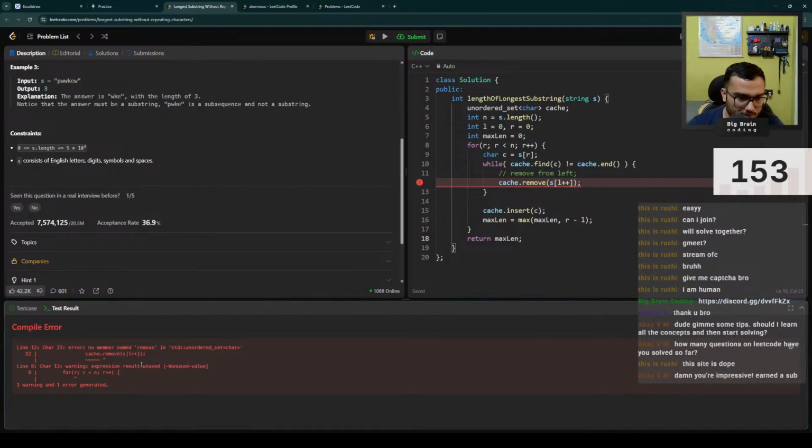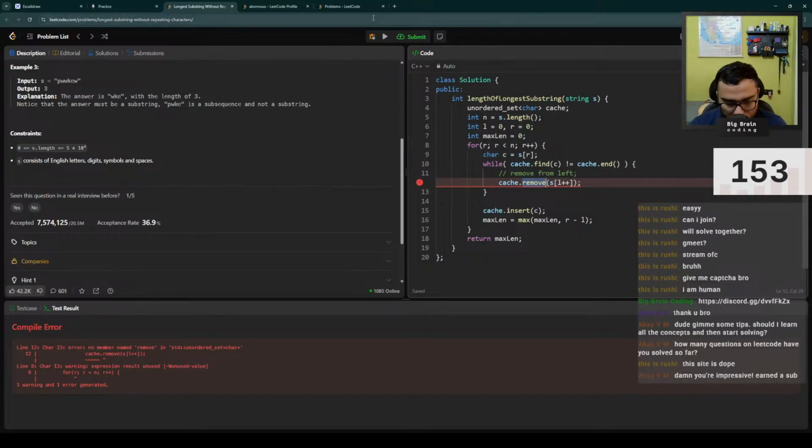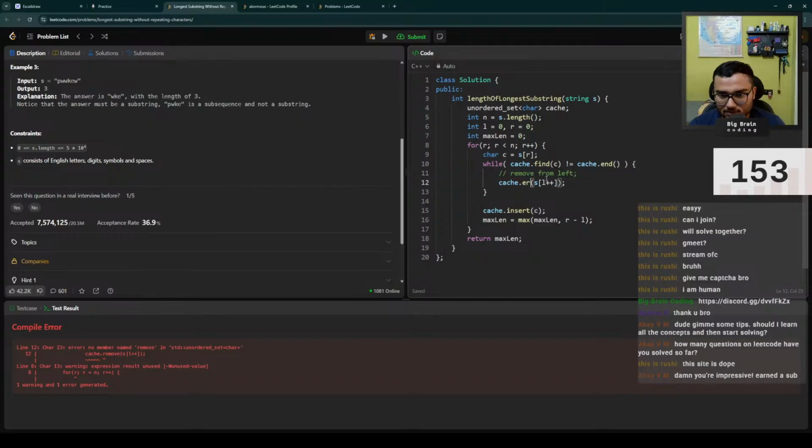Cache dot remove doesn't exist, so it is most likely delete an element from unordered set in C++. Erase is the function. Erase.